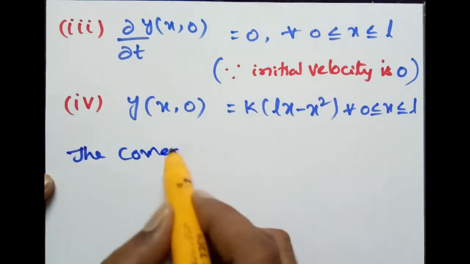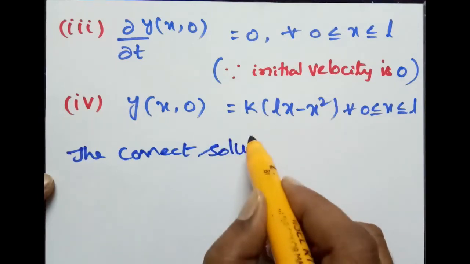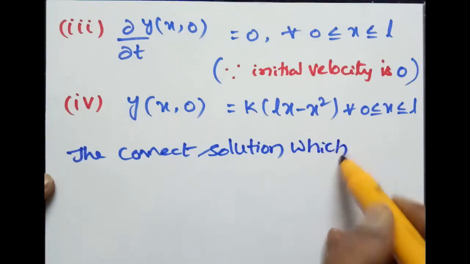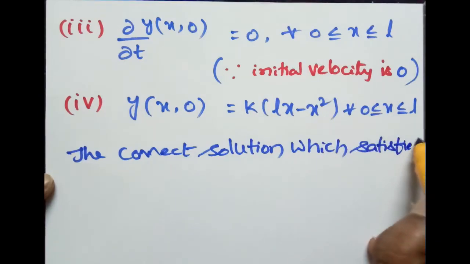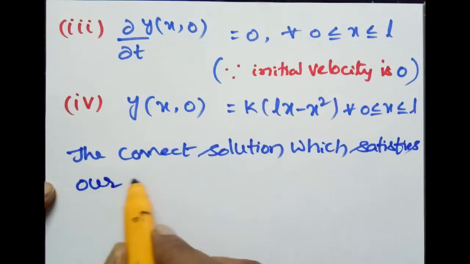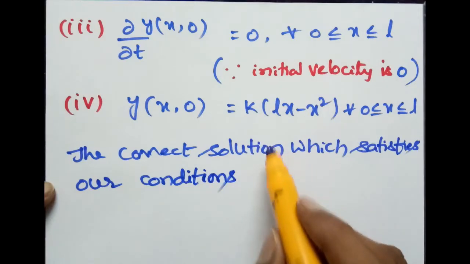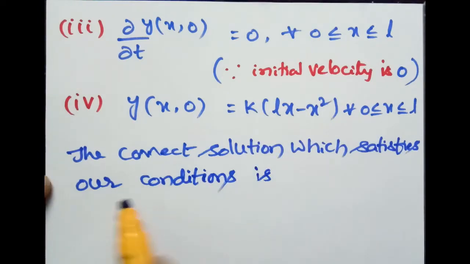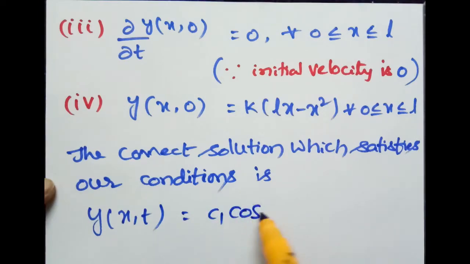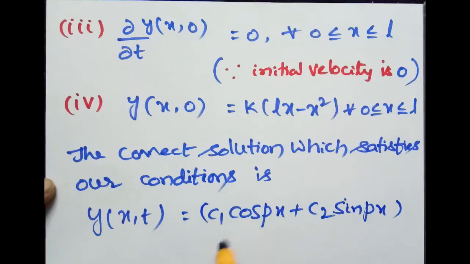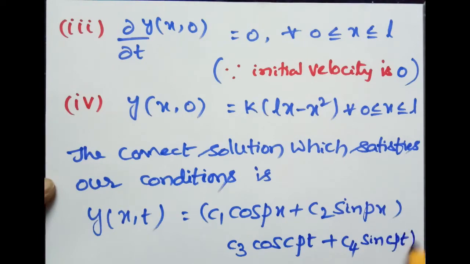The correct solution which satisfies our initial and boundary conditions is y of (x comma t) is equal to (C1 cos px plus C2 sin px) into (C3 cos cpt plus C4 sin cpt).